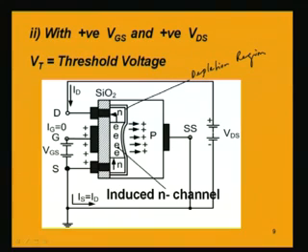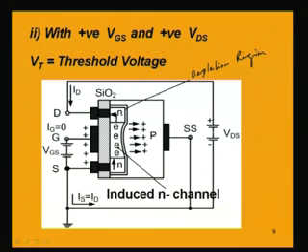Up to Vt, if VGS is less than Vt, then there will be no current flow from drain to source. Why will current flow from drain to source? Because it is having a positive potential. As we are observing here, we have VDS, which is a positive potential.